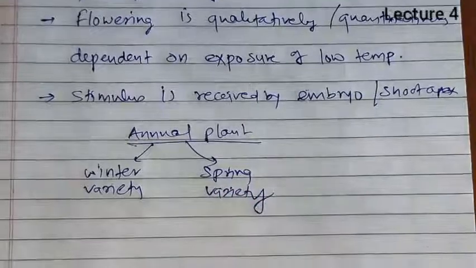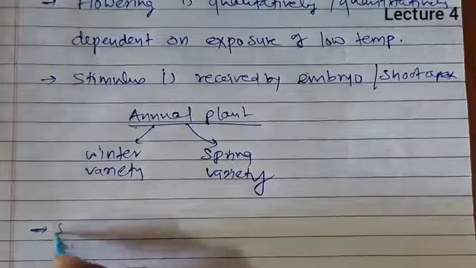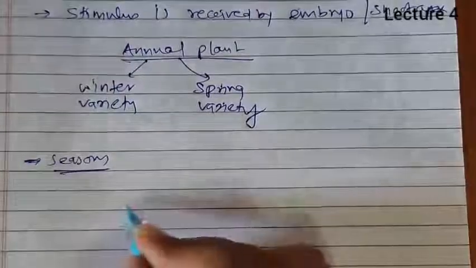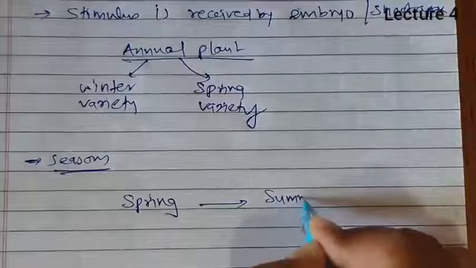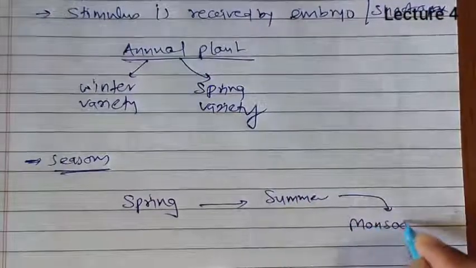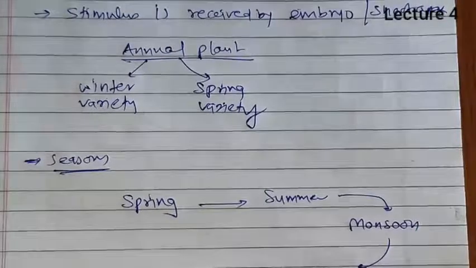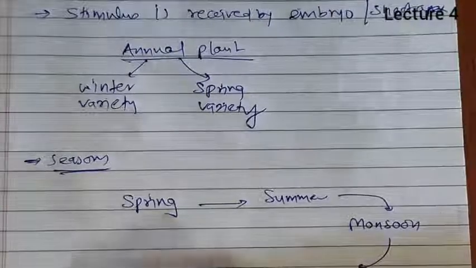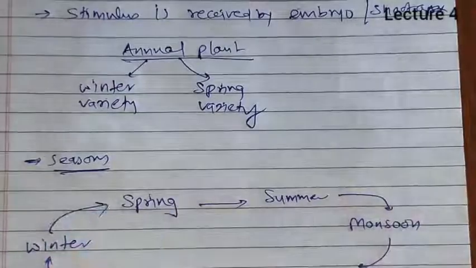Suppose we talk about the seasons of India, then there are 6 seasons: spring, then summer, then monsoon, then autumn, then pre-winter, winter and spring.